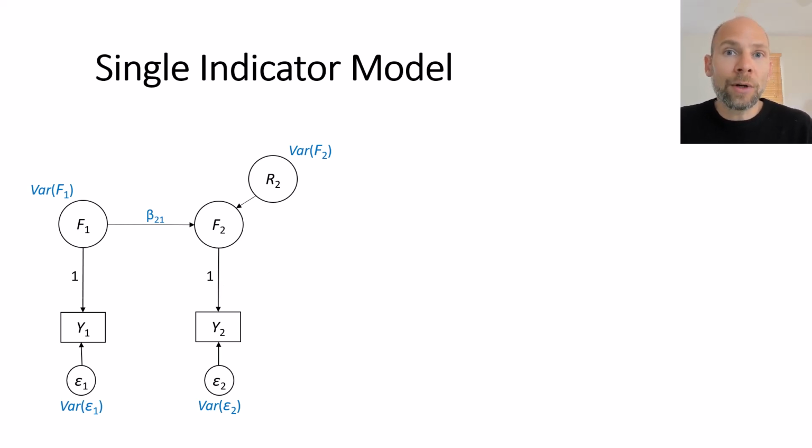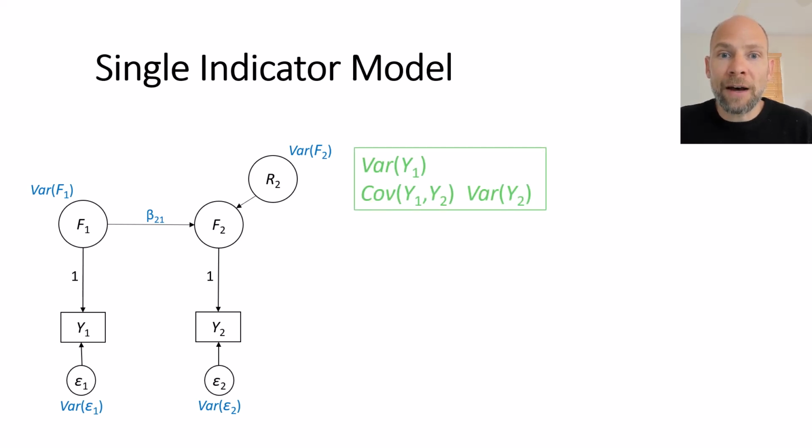to estimate free parameters. And when we only consider the covariance structure here for simplicity and leave out the mean structure, which is typically not of interest when you have cross-sectional single group data, then the only information that we have is the covariance matrix with the variances in the diagonal and the covariances off diagonal.